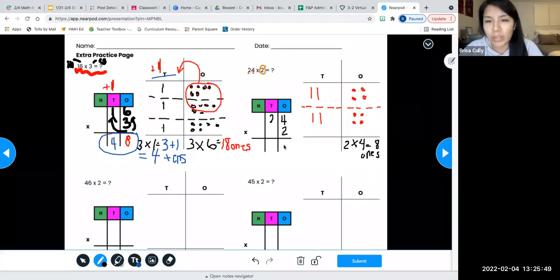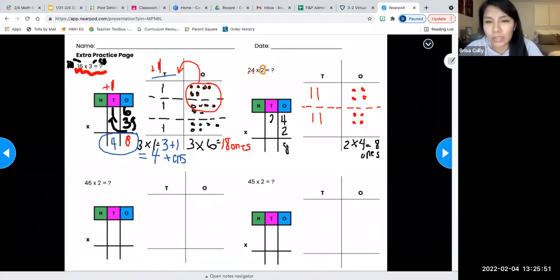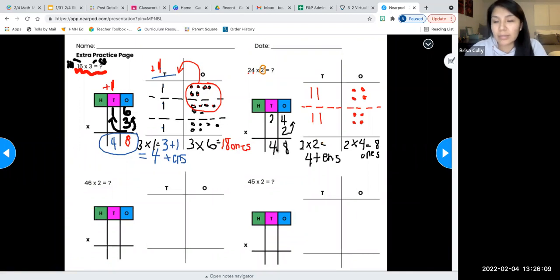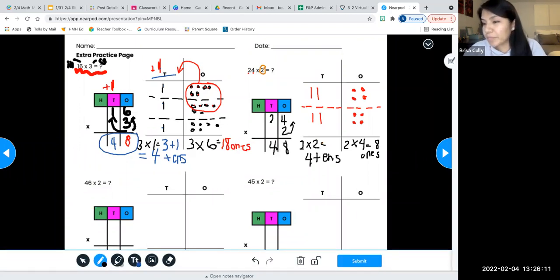Okay, ones go in the ones place. Then I multiply my tens, 2 groups times 2 tens each gives 4 tens. Tens go in the tens place.